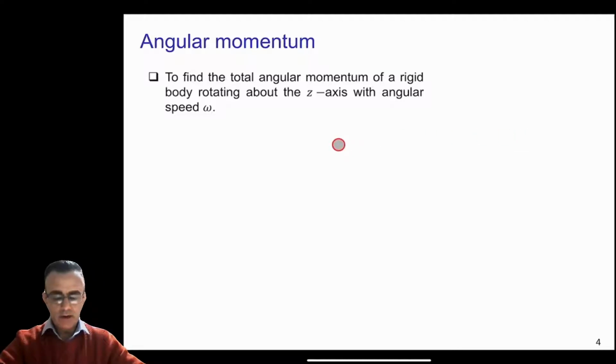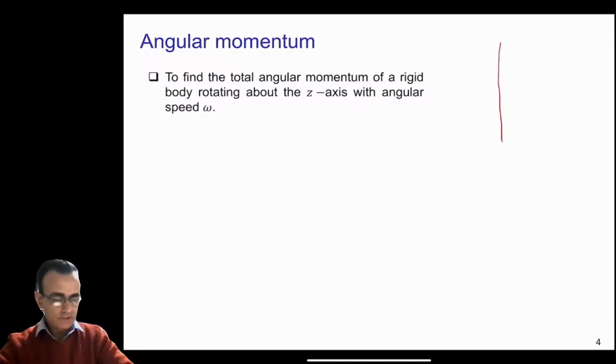So now we can also define angular momentum. To find the angular momentum of a rigid body which rotates about the z-axis with angular speed omega, consider this body here, which is rotating about a point here.